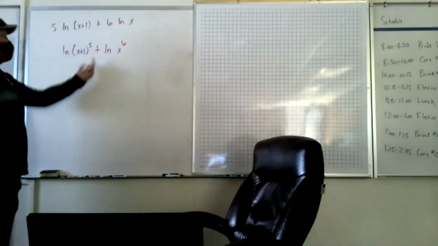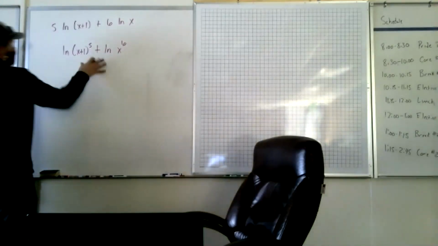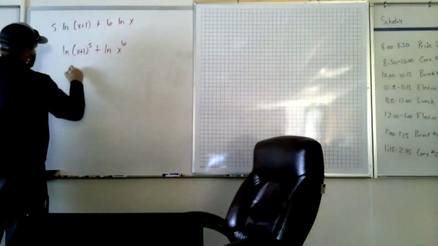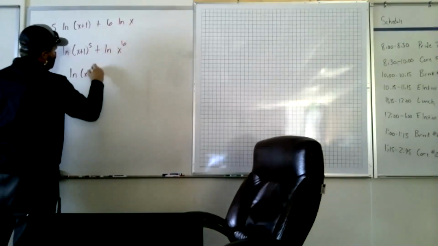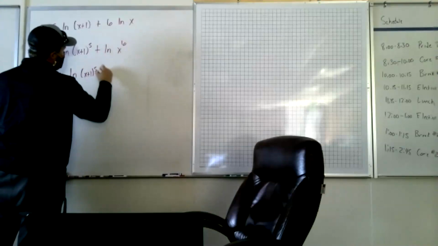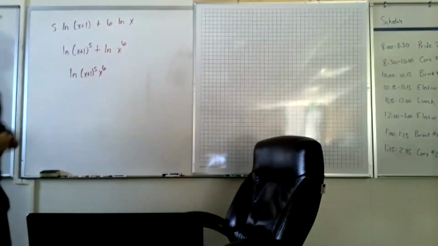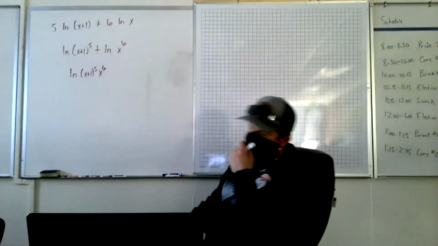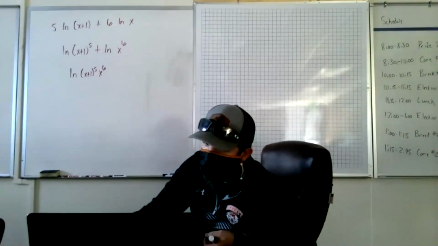Now I can use my product property of logarithms to condense these into one, which would be the natural log of x plus 1 to the 5th times x to the 6th. Pretty simple.